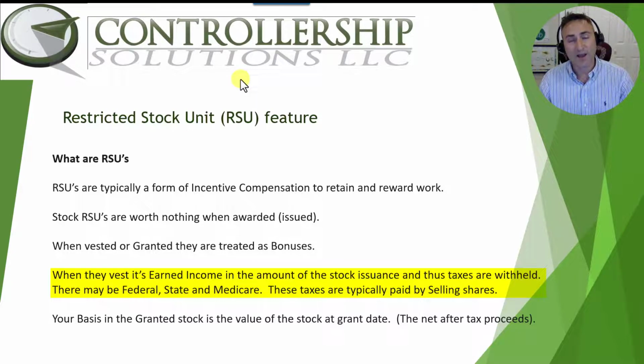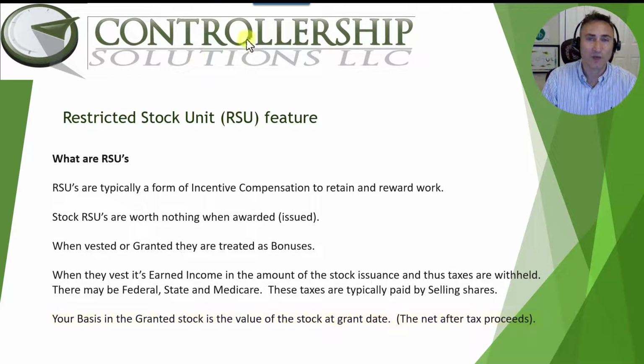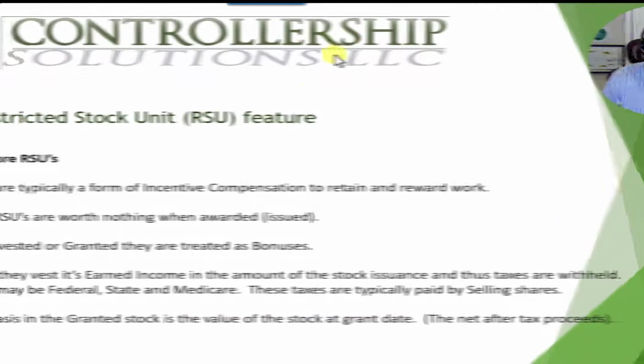Now, after you receive those shares, they are regular shares just as you would own any other stock, and your basis in that stock is what you ultimately paid, the after-tax proceeds for those securities. So it's very important to understand exactly the timeline and what exactly an RSU is.